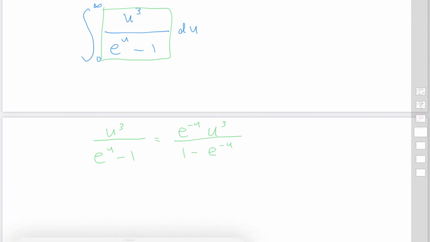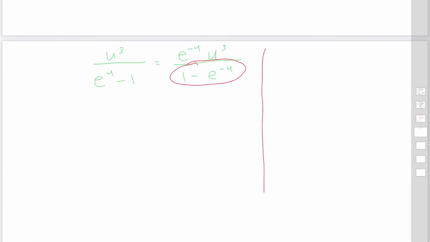If you consider this part, consider the sum of the infinite series 1 plus alpha plus alpha squared plus alpha cubed and so on. Then it becomes 1 over 1 minus alpha, when alpha is smaller than 1.